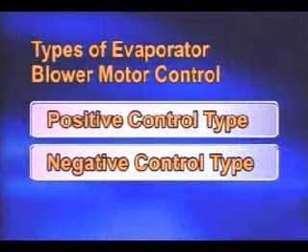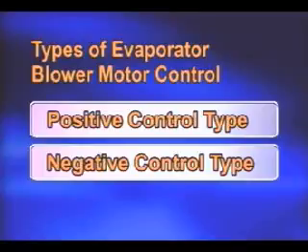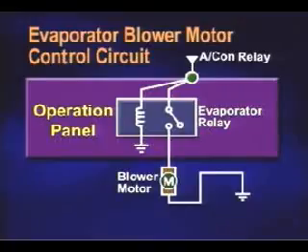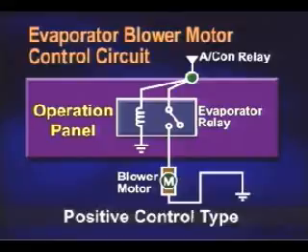There are positive control and negative control type evaporator blower motor controls. This screen shows the positive control type, which controls positive current to the motor.